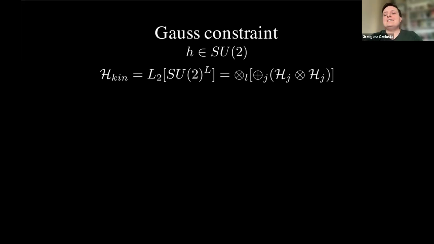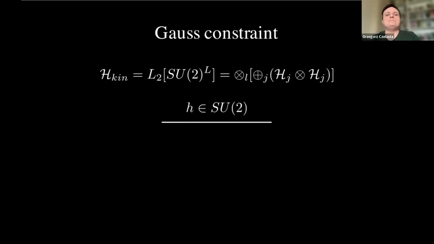And then each link can be decomposed into a tensor product of two Hilbert spaces for spin J. So this means that we can describe each link of the graph equivalently as a pair of spins.